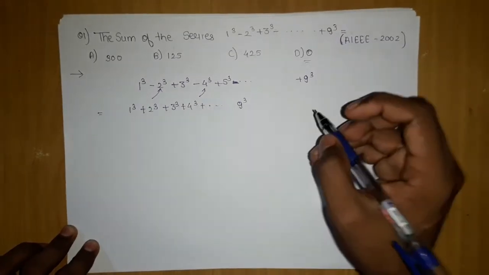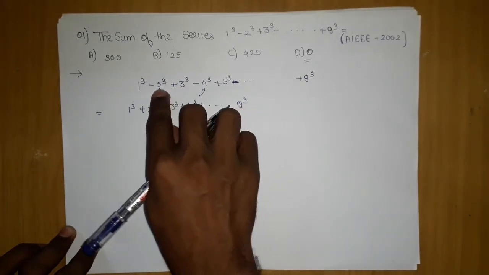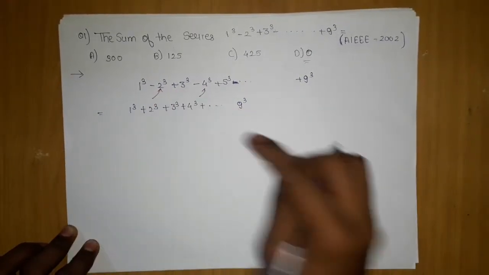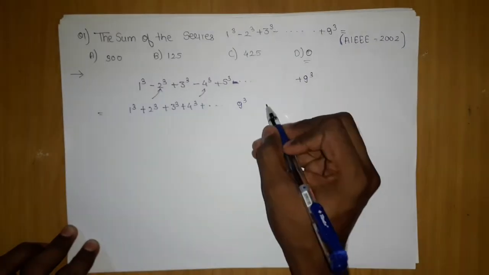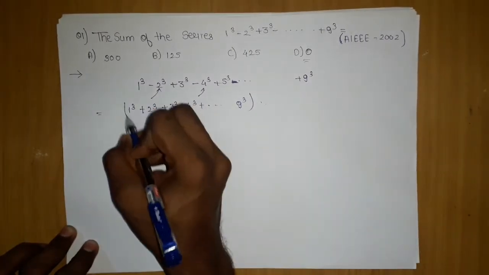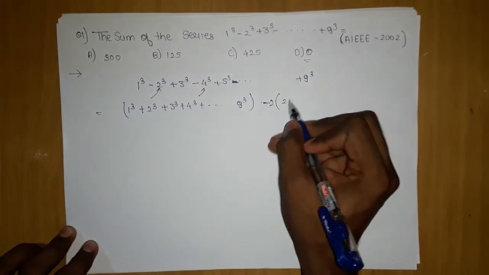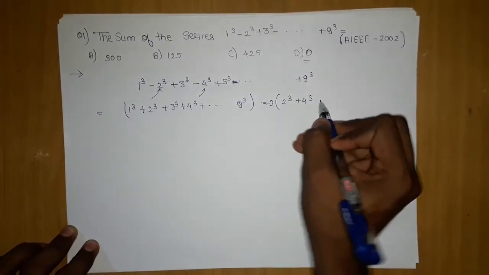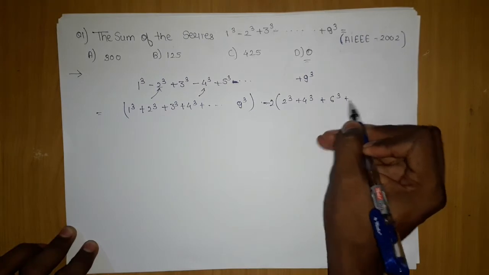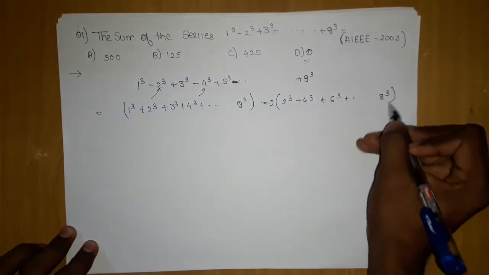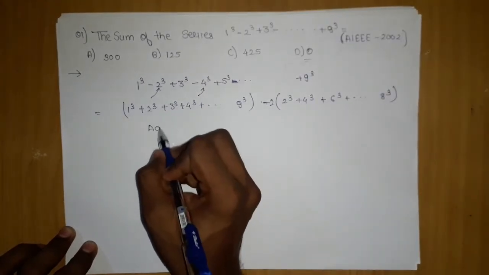Now I have added and subtracted minus 2 cube, minus 4 cube, minus 6 cube, and so on. Then here these will be positive terms and here it will be negative, and twice: 2 cube, 4 cube, 6 cube, and so on till the last term, which is 8 cube.